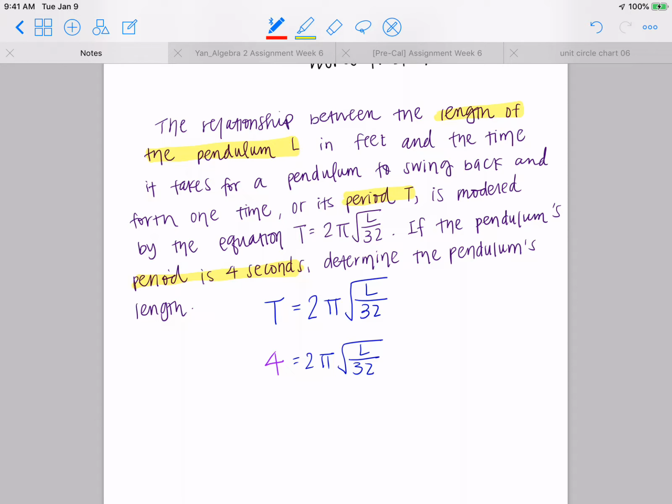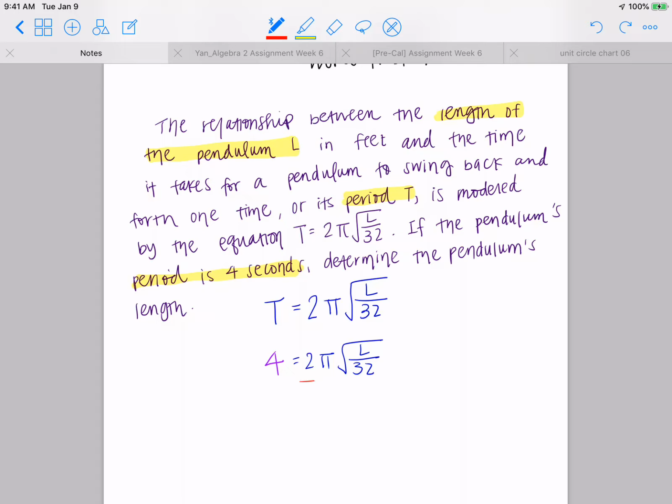Since we are looking for the pendulum's length, we are looking for L. And if you notice, all of these other items right here are really just numbers. The pi is really a number. So we're going to try our best to move all of these items to the left side. Let's start off with 2 pi, because 2 pi is outside of the square root.